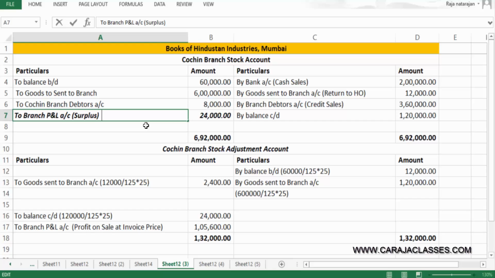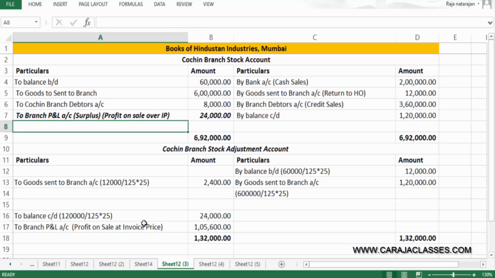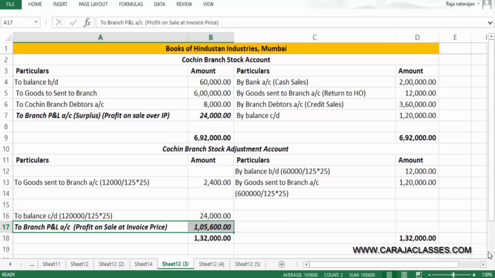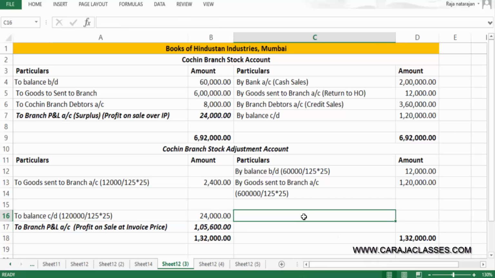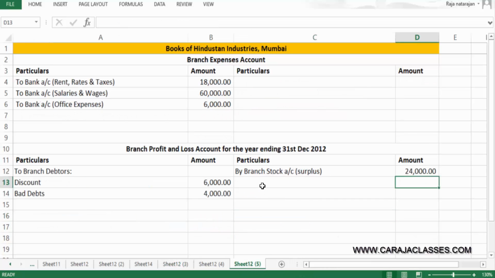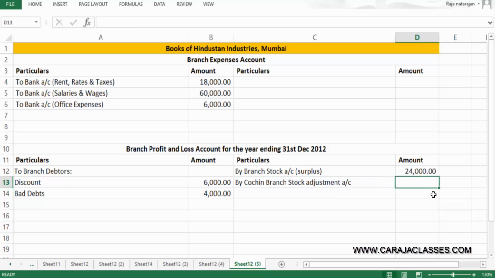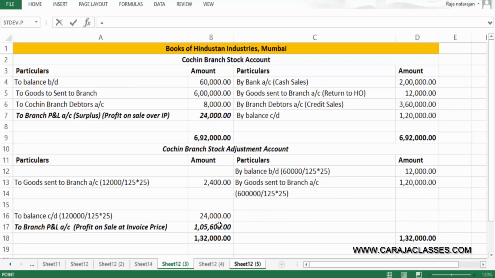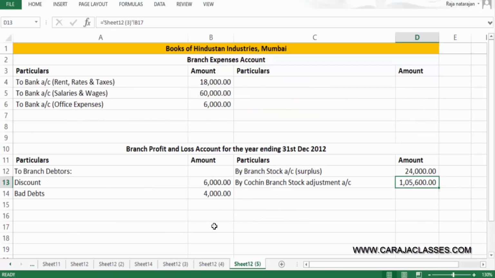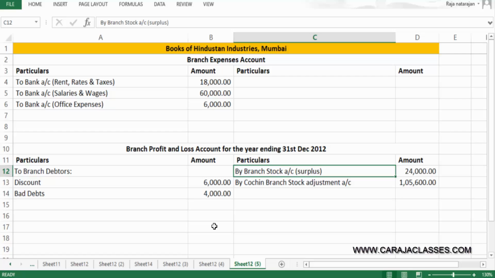Okay, we can say profit on sale over invoice price, right? So this will also get credited to branch P&L. So we'll write by Cochin branch stock adjustment account, and the amount involved is 105,600, and probably here I should write by Cochin branch stock account.